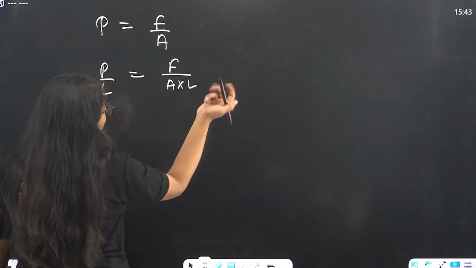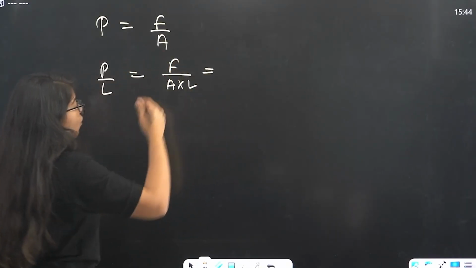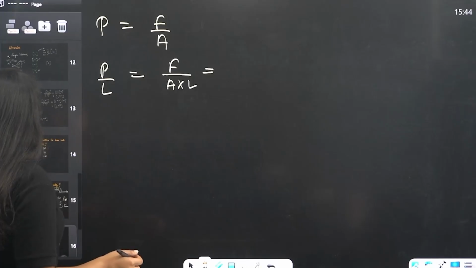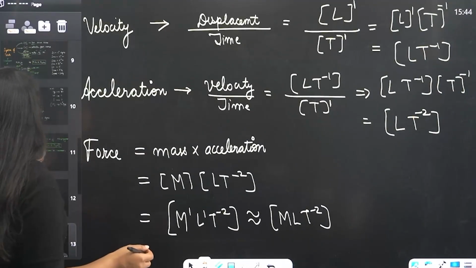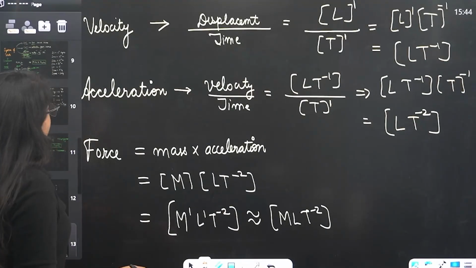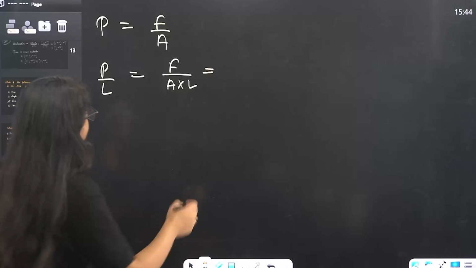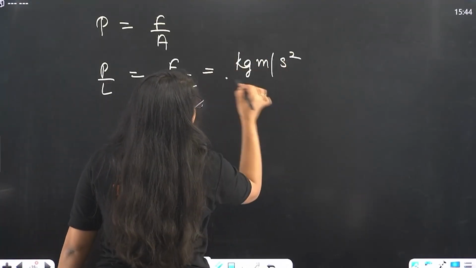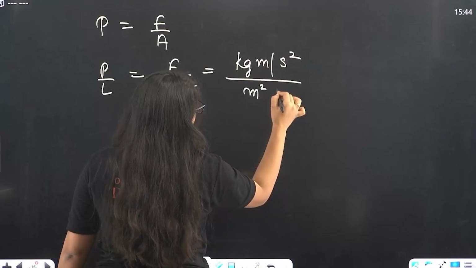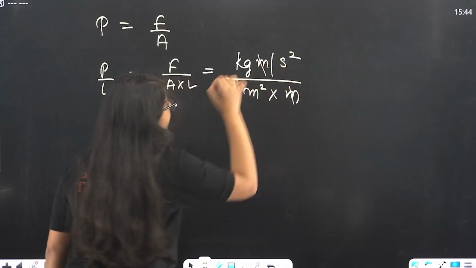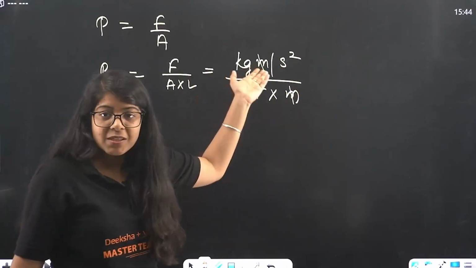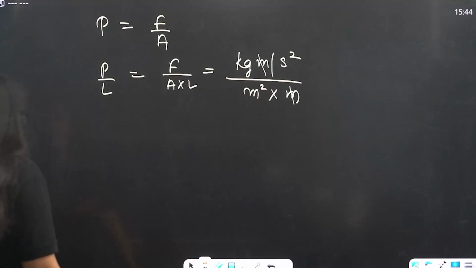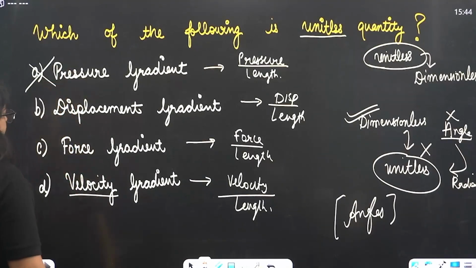Does this cancel out? What are the units of force? Remember, it was Newton, but it was also kg meter per second square. Here we have meter square into meter. So 1 meter cancels, but the rest of the thing remains. So it has units. So pressure gradient is not the answer.